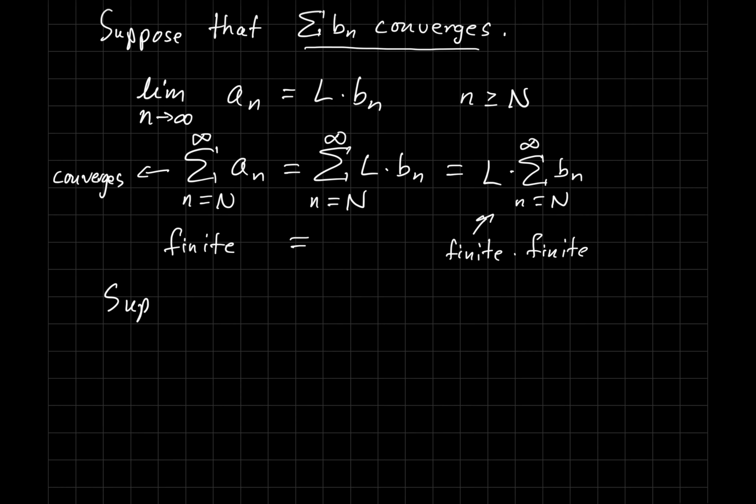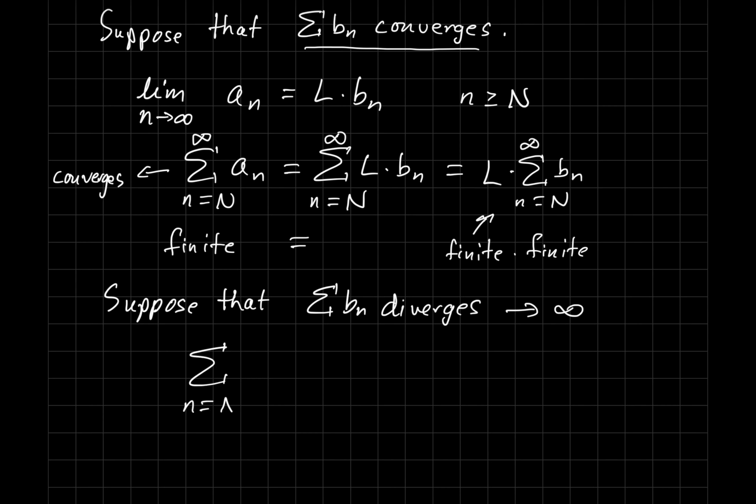But suppose that the series B diverges, which means that its value goes to infinity. Once again, where it matters, my series A sub n is L times the series for B sub n.